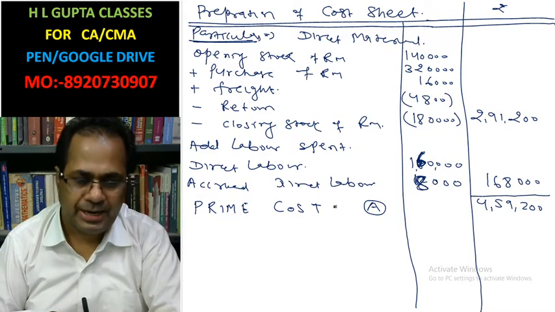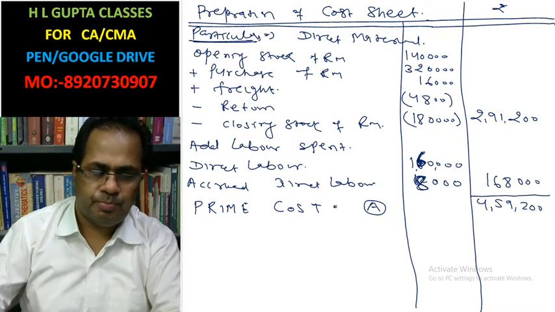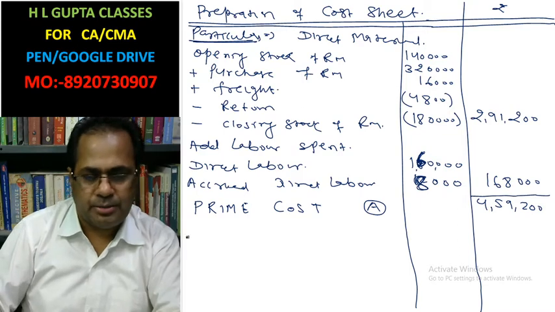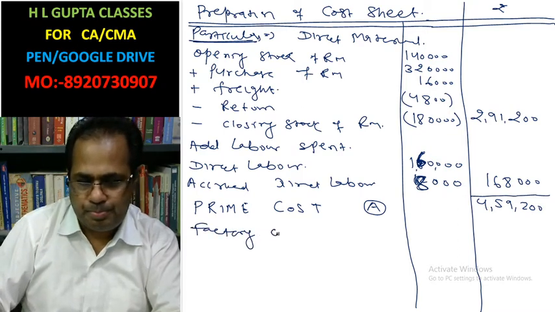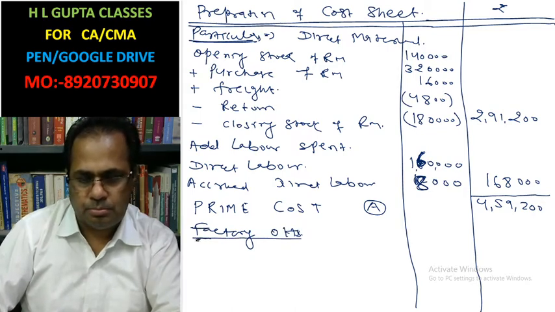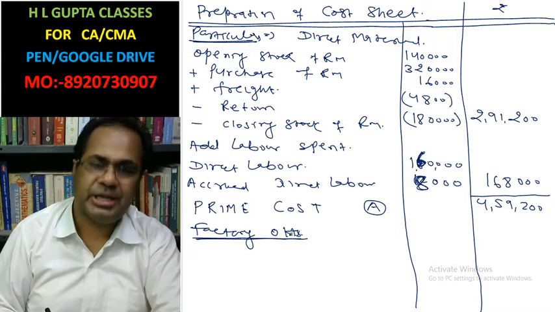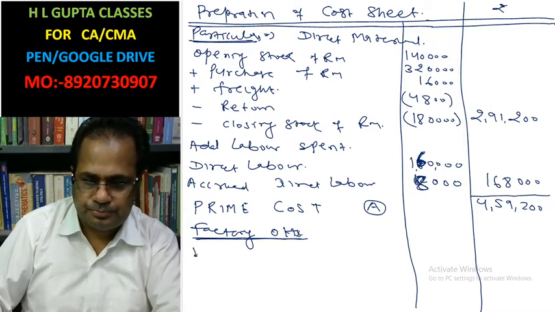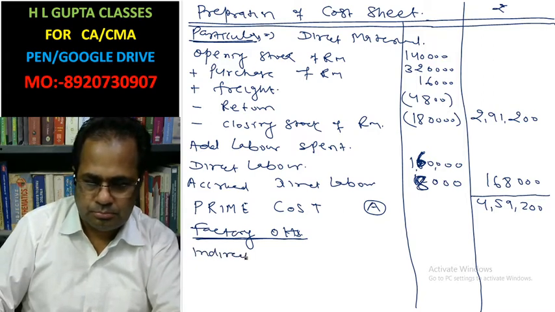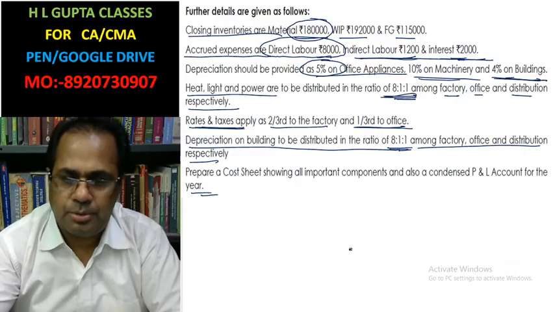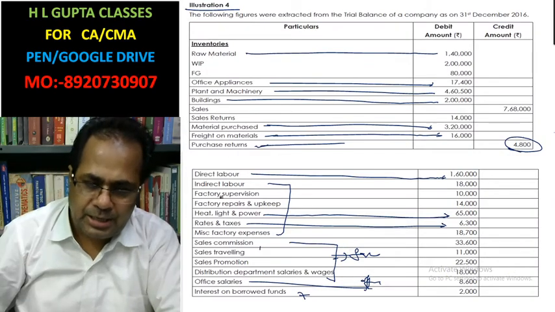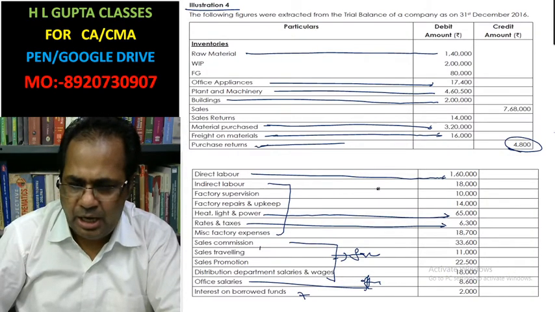Now we have to add factory overhead. In factory overhead, what is the indirect labor cost? Indirect labor is given here, 18,000.